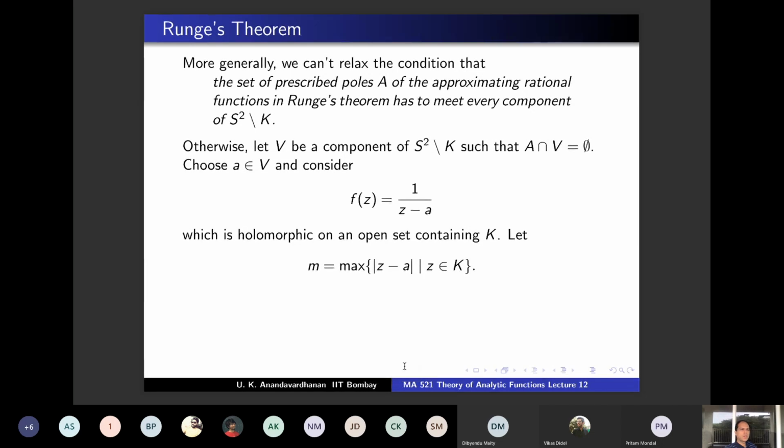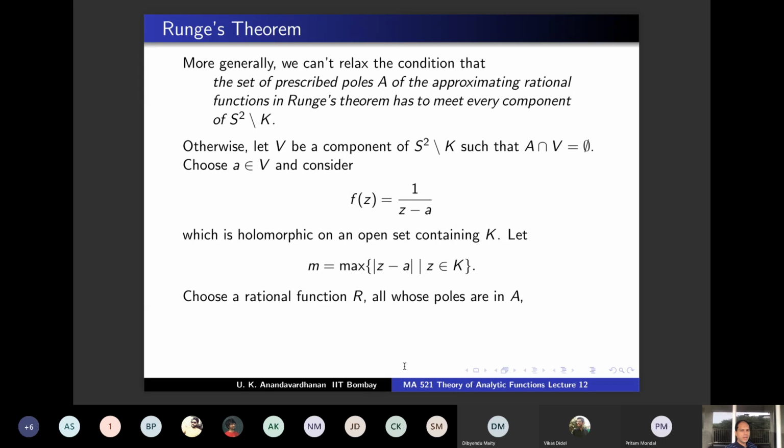So the argument uses the word to remember: MMT, the maximum modulus theorem. So choose the maximum of the modulus of z minus a for z in K. Such a maximum exists because K is compact; call it M. Choose a rational function R, all of whose poles are in A, where A does not meet V. That's where the contradiction is going to come.